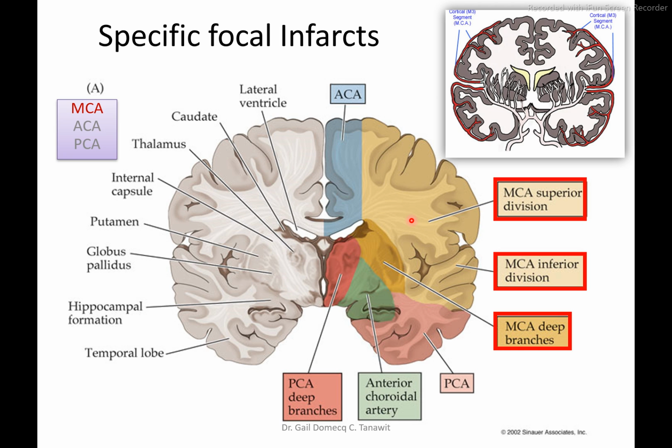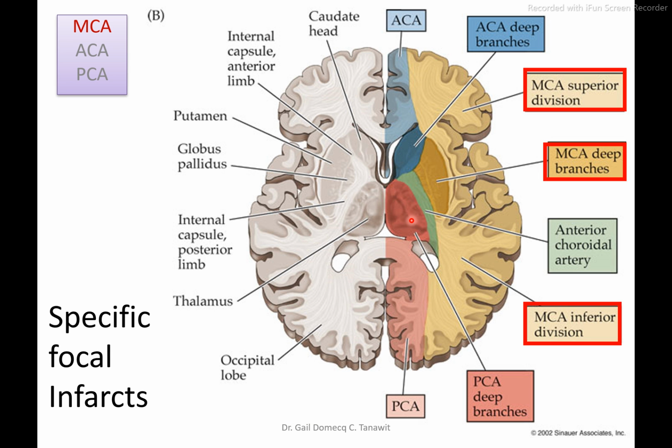The MCA will have a superior, inferior, and deep branches. So, go back to the anatomy. So, depende, kunyari ito, yung nadali, the anterior cerebral arteries. Remember yung homunculus, yung mukha, yung face?